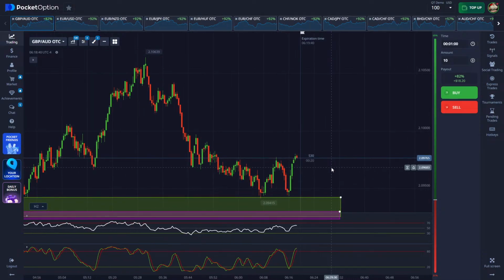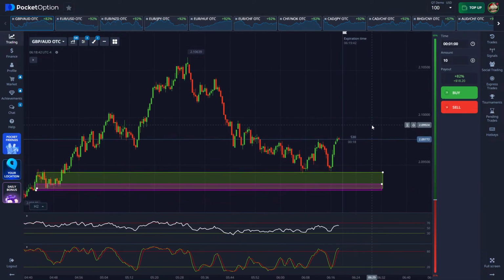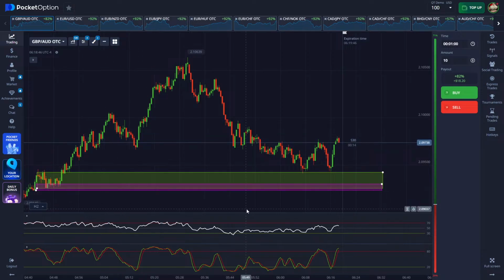Okay, one of the strategies I like to use is the 30-second strategy. If I take a trade for a minute, it's when the conditions are in the either overbought or oversold area of the RSI and the stochastic oscillator. The settings here are at default, I just changed the colors because I find it more pleasing to see these colors.